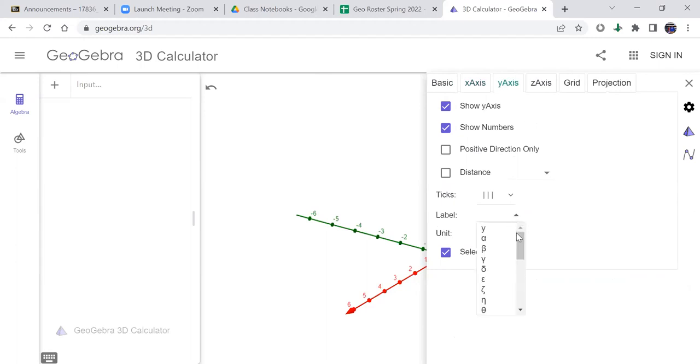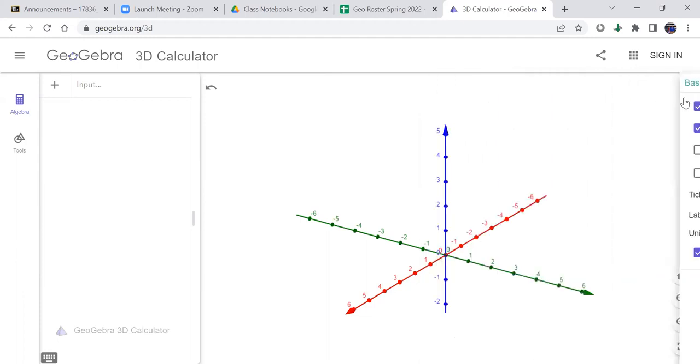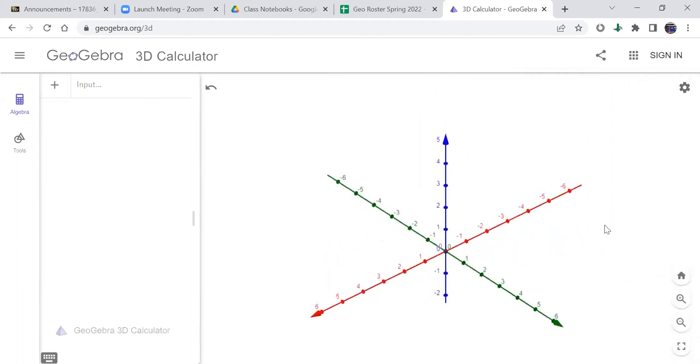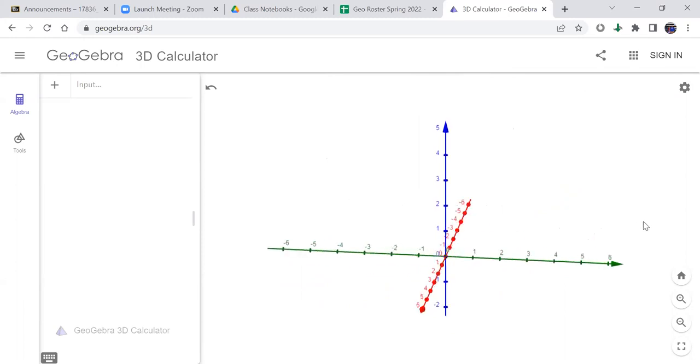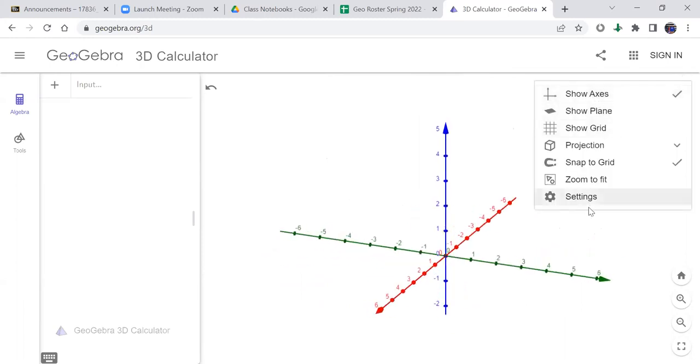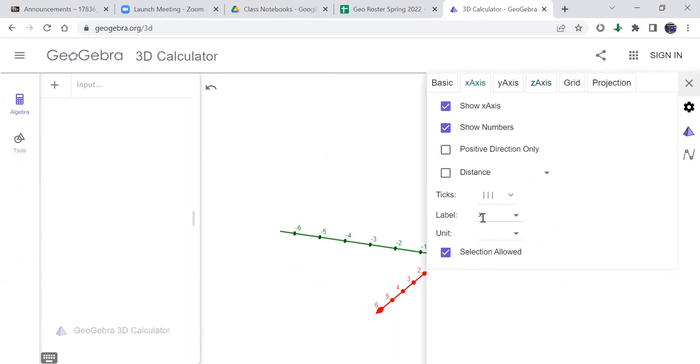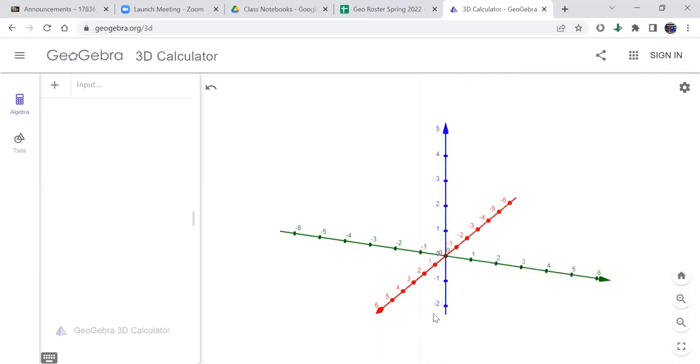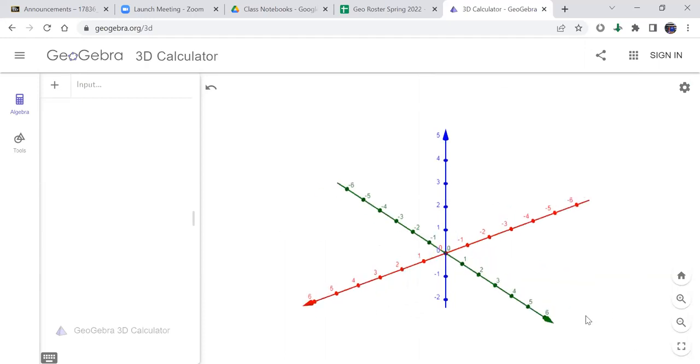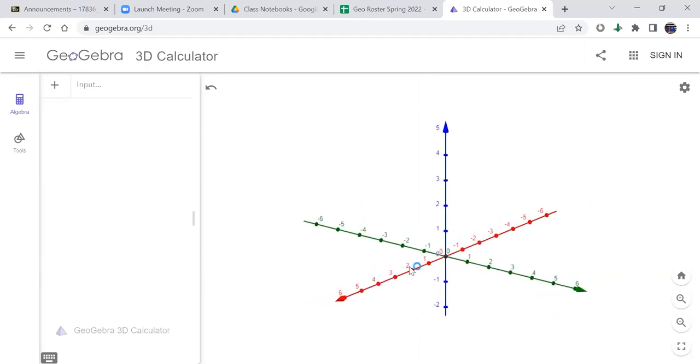Same thing for y, so you can see which one is the length, which one is the width. The height should be obvious, but I'll turn on that label also. I turned it on, I don't know why it's not showing. Anyway, the red is the X, the green is the Y, and the blue is the Z, so length, width, and height.